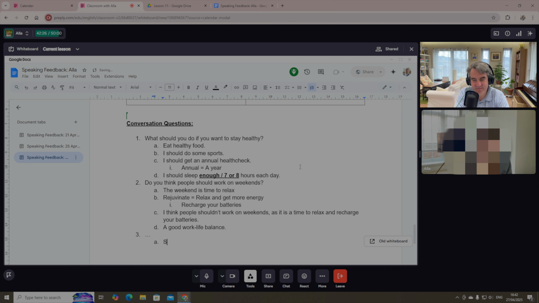Students must study, study exam tickets. Okay, so students must study and practice exams.